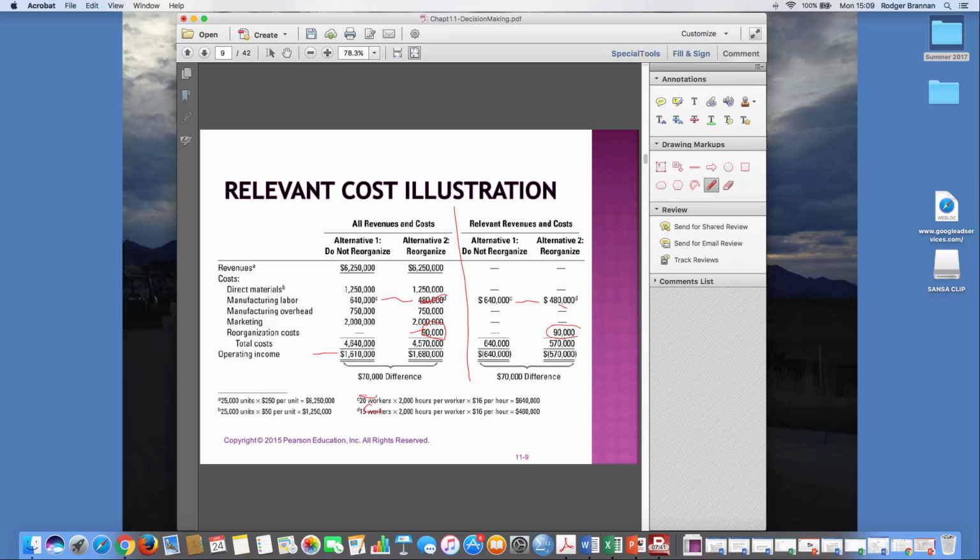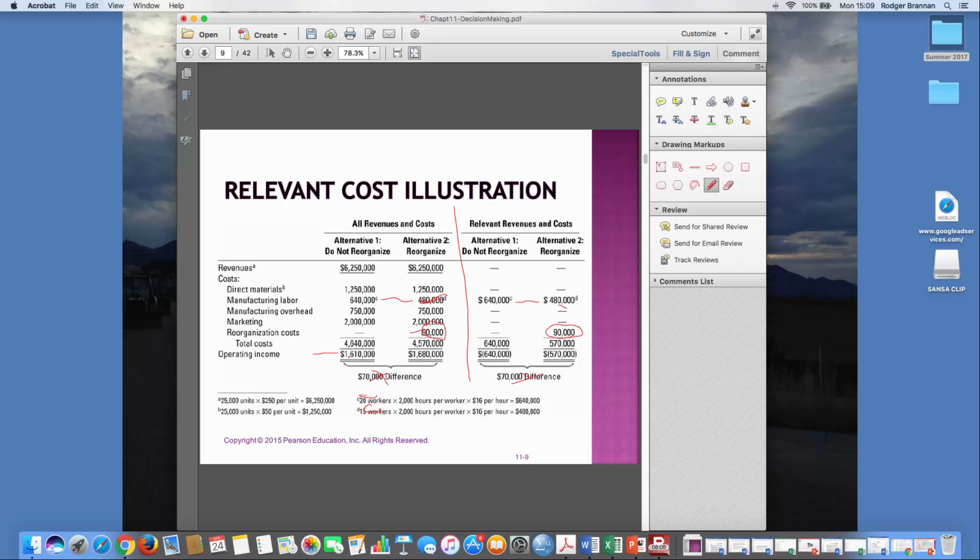However, to do that, I also have to make this investment. Okay? So my total cost here, okay, 640, but I have 480 plus 90 or 570. And again, the difference here is 70,000. Okay. Again, the difference is always going to be the same, no matter if I include all these other things that are the same, or if I'm simply looking at the things that are different.